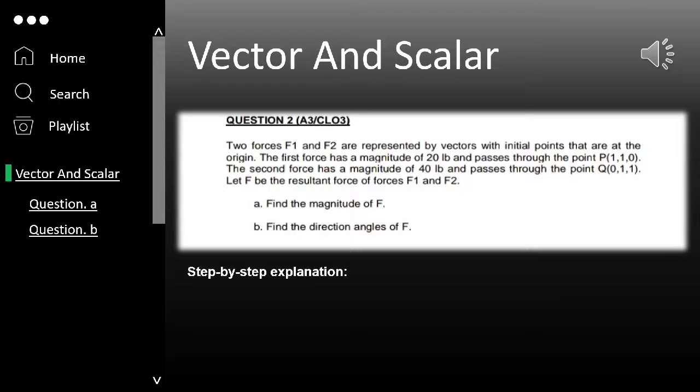The second force has a magnitude of 40 lb and passes through the point Q(0, 1, 1). Let F be the resultant force of F1 and F2. Now we will explain step by step question A and question B.